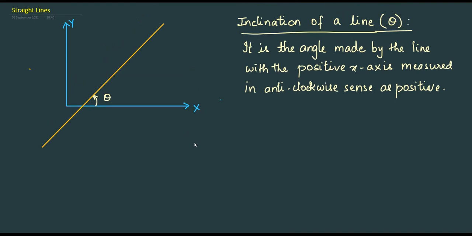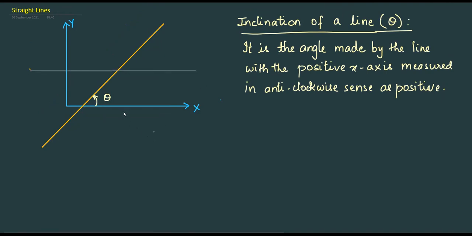No one is answering. The minimum value of theta will be 0 when the straight line is parallel to the x-axis or along the x-axis.